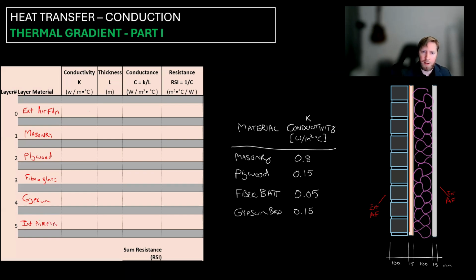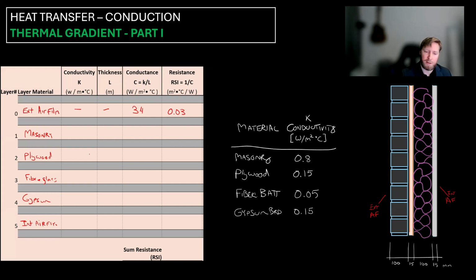Okay, now I'll give a little note here. We don't have a conductivity or a thickness for these layers, but we know the conductance by looking it up in those ASHRAE tables. So I'm going to write that in here. For the exterior, I believe it was 34, I think, and then that became 0.03.